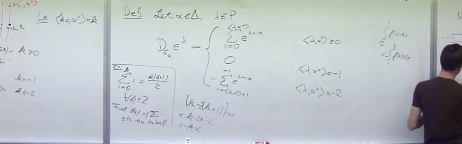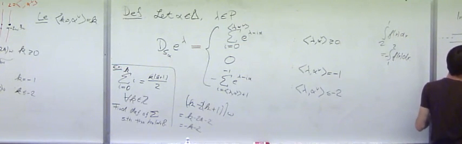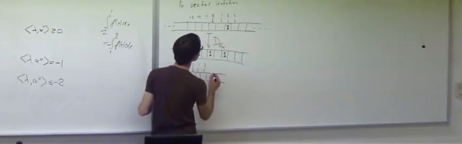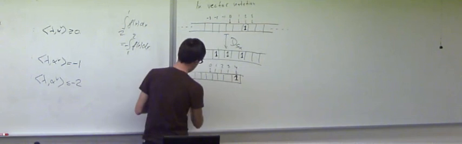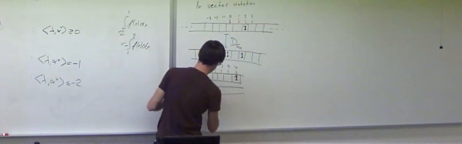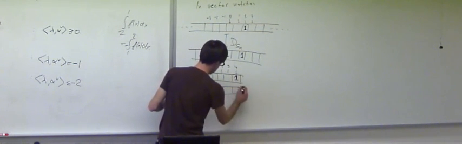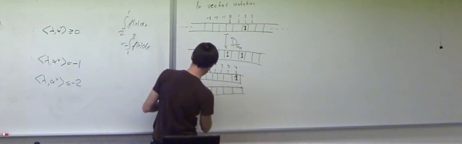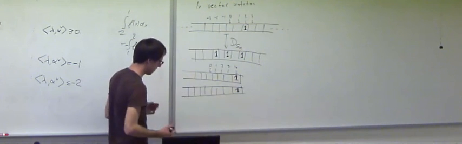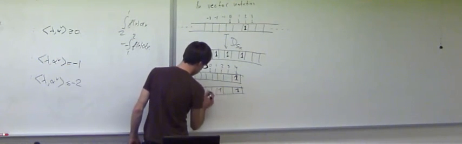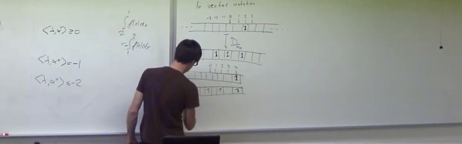So say there's 0, 1, 2, 3, 4. We have a 1 here at 4. How does the Demazure operator act? Now we produce 4 ones, so that will be 1, 2, 3, 4.